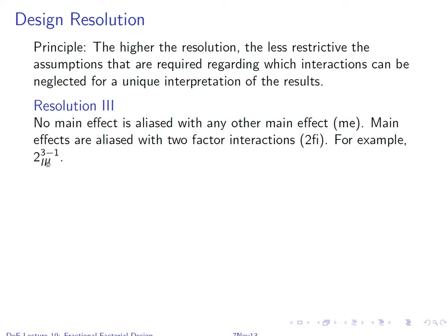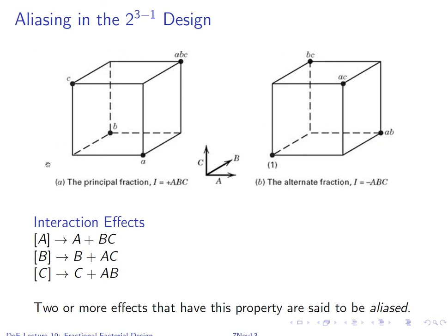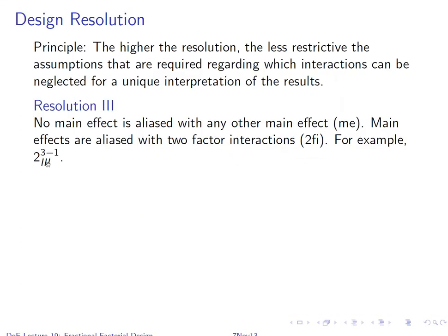And I'm going to go back a slide previously just to remind you that when I measure the main effects for A, B, and C, the main effect for A measures the effect of the factor A, but that's aliased with the two-factor interaction BC. Right, so the definition for a resolution 3 design is that no main effects are aliased, but main effects are aliased with two-factor interactions.